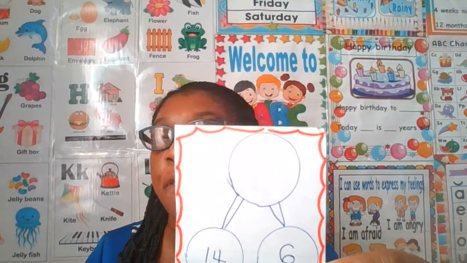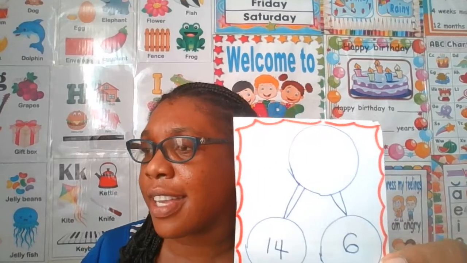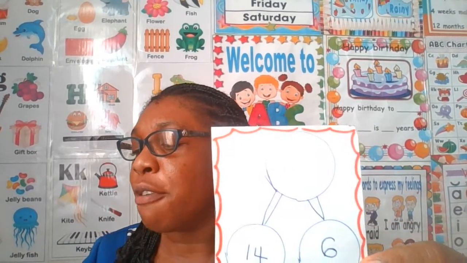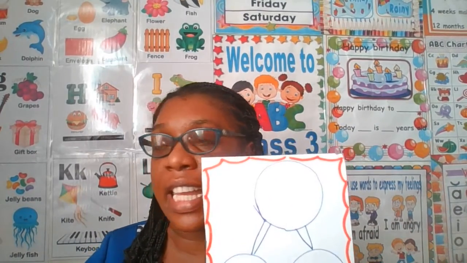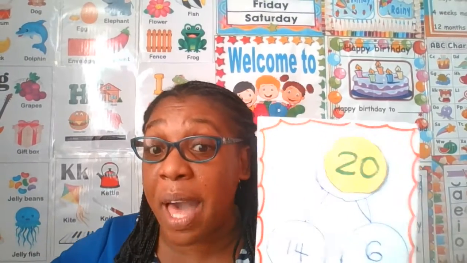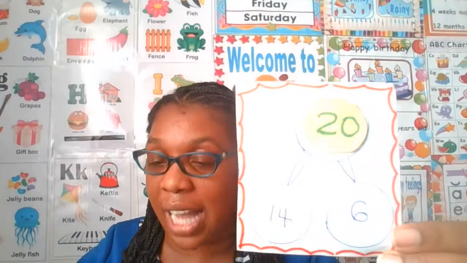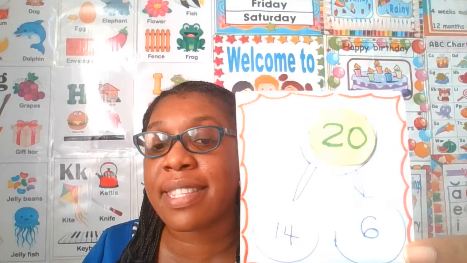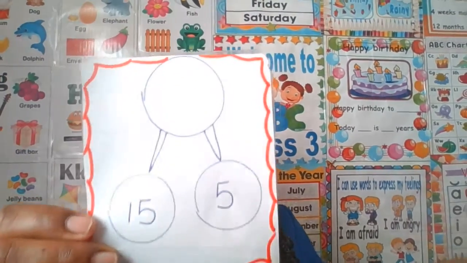That make 20. 14 plus 6 equals 20. 14 plus 6 equals 20. number bond, number bond. I know my number bond, number bond, number bond. That make 20. 14 plus 6 equals 20. 14 plus 6 equals 20. number bonds, number bonds. I know my number bonds, number bonds, number bonds.